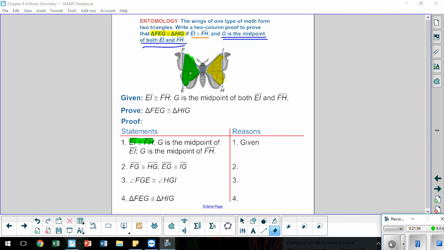So this whole thing. This right here is going to be this guy right there. That's what it's saying. So those two things are congruent.